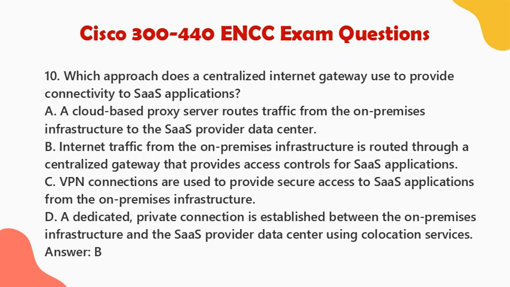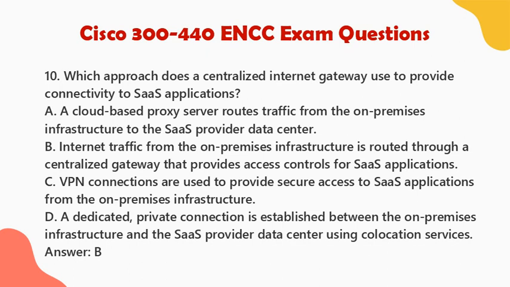10. Which approach does a centralized Internet gateway use to provide connectivity to SaaS applications? A. A cloud-based proxy server routes traffic from the on-premises infrastructure to the SaaS provider data center. B. Internet traffic from the on-premises infrastructure is routed through a centralized gateway that provides access controls for SaaS applications.